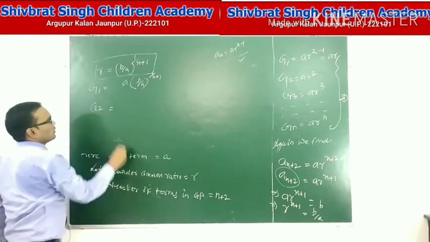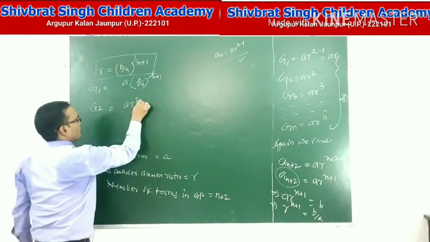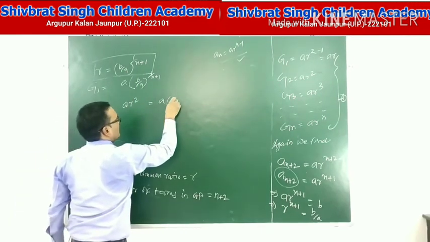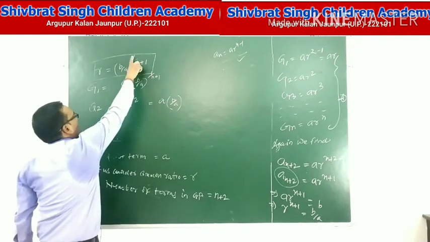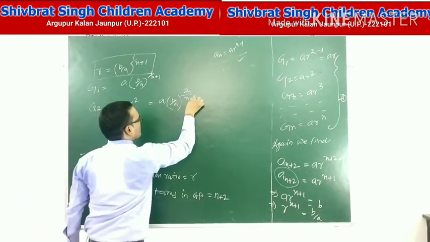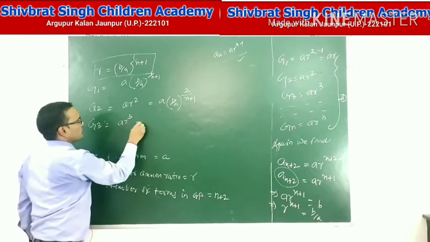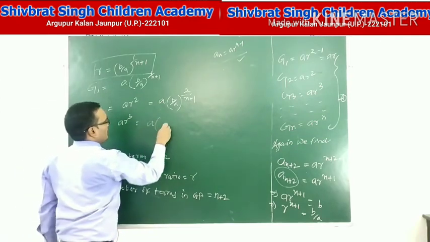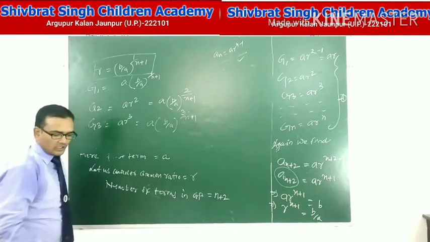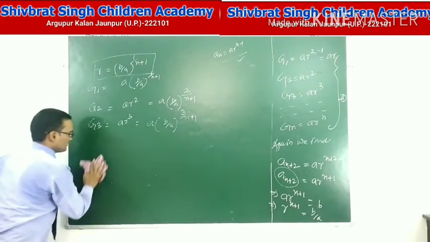G2 equal to ar square, the value of r is b upon a to the power 1 upon n plus 1, that means this is a times b upon a to the power 2 upon n plus 1. Here G3 equal to ar cube. This gives the value a times b upon a to the power 3 upon n plus 1. Similarly, we can find the value of Gn.